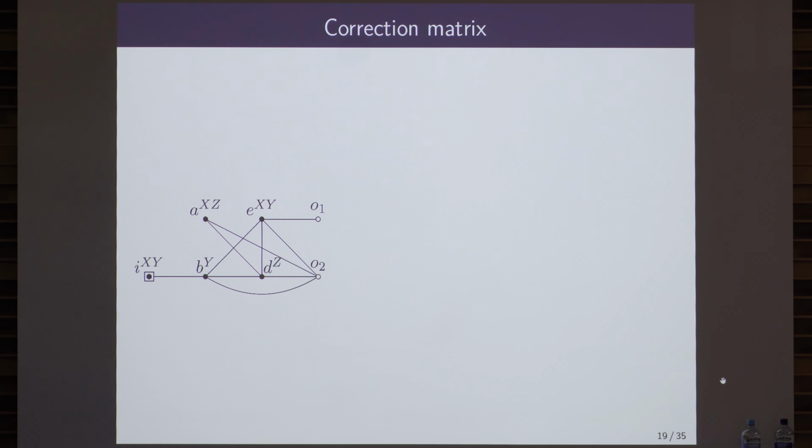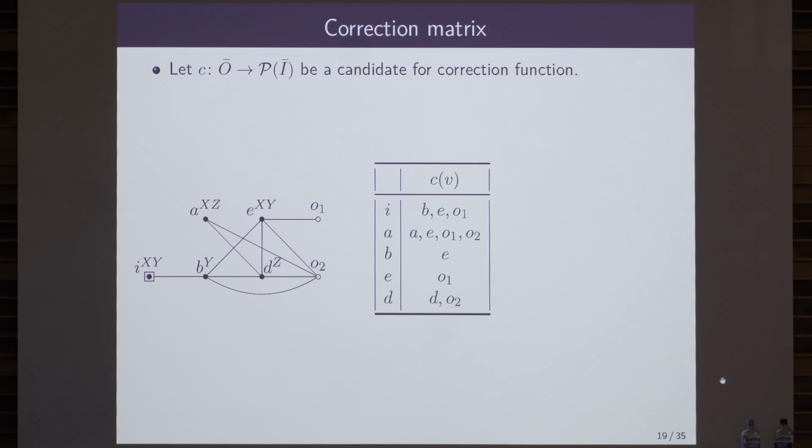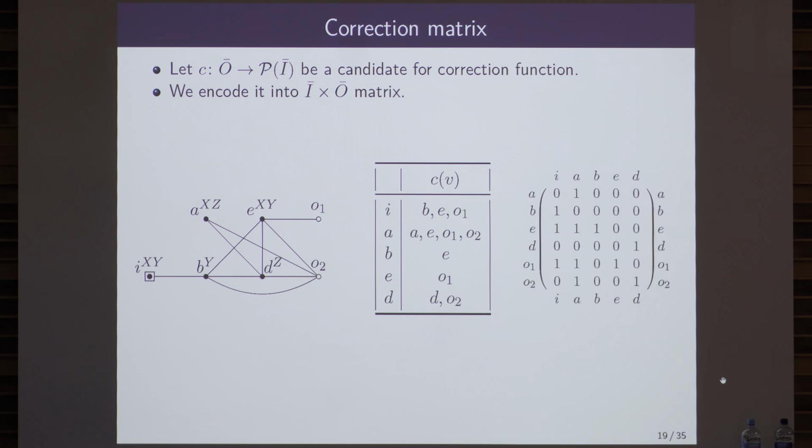What I mean by that is that if we have a labeled open graph and we have some candidate for a correction function, so the specification of stabilizers to which we want to complete the byproducts, then we can always encode such a correction function as a matrix in the following way, where we would say that columns correspond to those sets that specify the stabilizers.